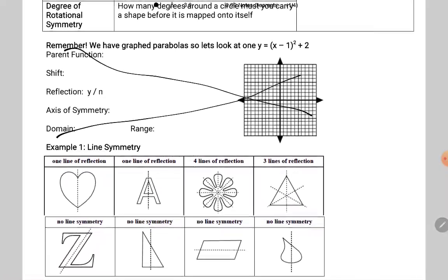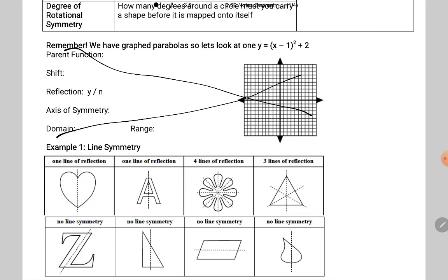So line symmetry. We have a heart here. We only have one line of reflection because the left looks like the right. If we tried a horizontal cut, the upward portion does not look like the downward portion. So this only has one line of reflection.